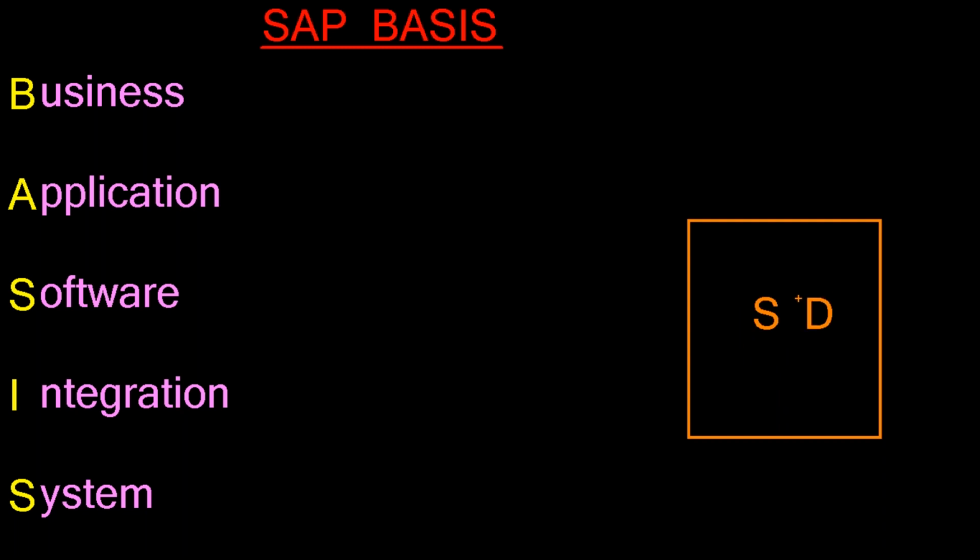If you want to run the organization without the SAP application, how is it running? So the basis consultant is mandatory if the organization has one module or two modules or 20 modules or 30 modules. Without a basis consultant, the organization will not be able to survive even one day.